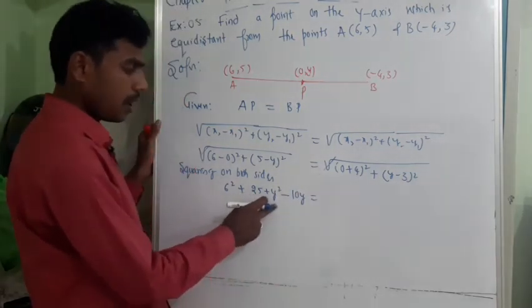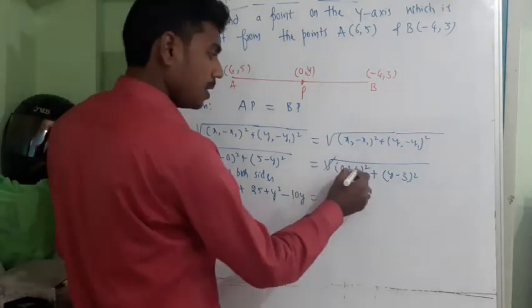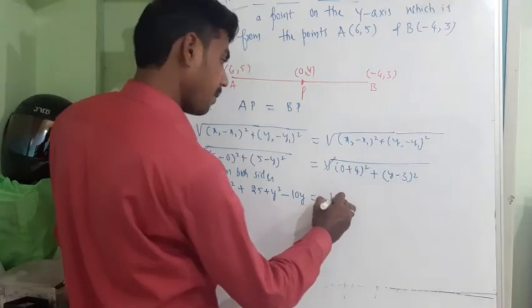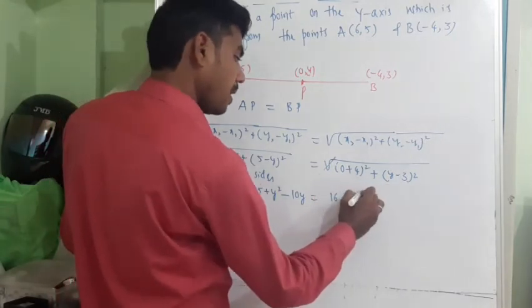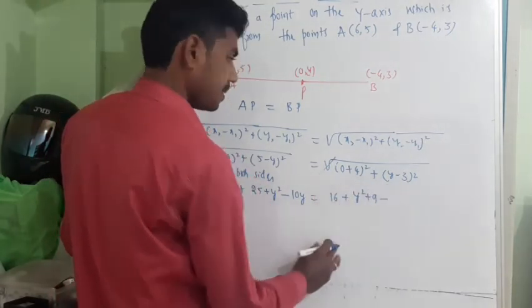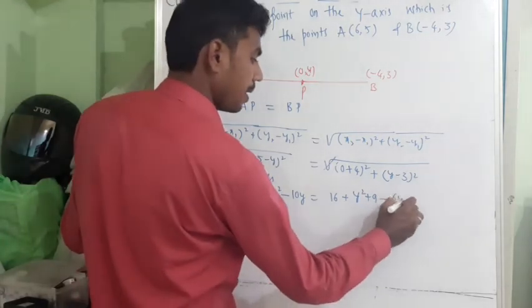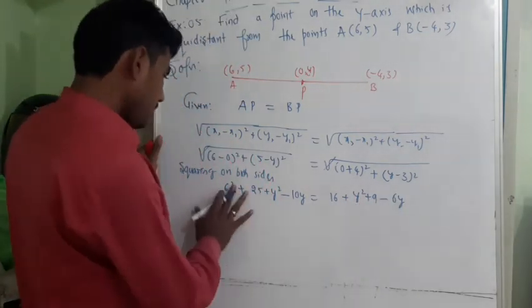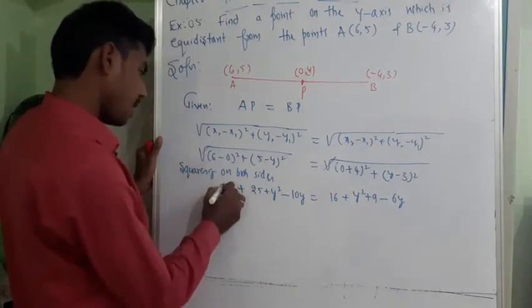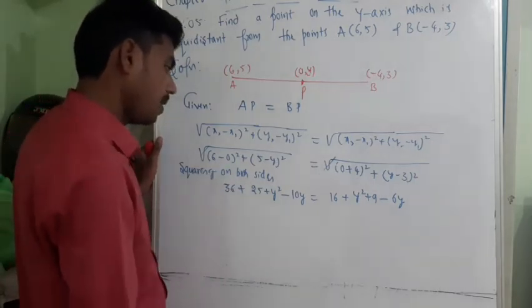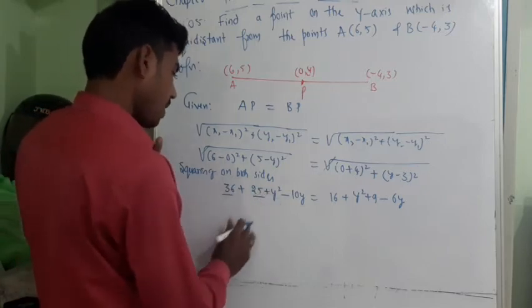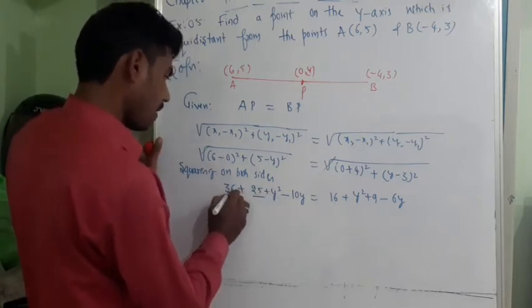That is the formula a square plus b square minus 2ab that I used. (0 plus 4) whole square is 4 whole square, that is 16, plus y square plus 9 minus 2 3s are 6, 6y. Again a square plus b square minus 2ab. 6 square is 36.